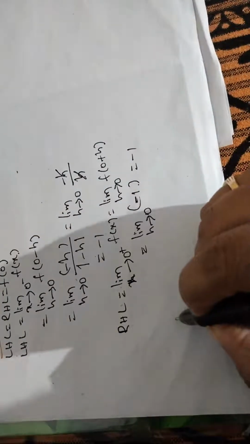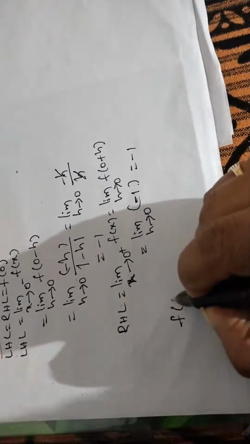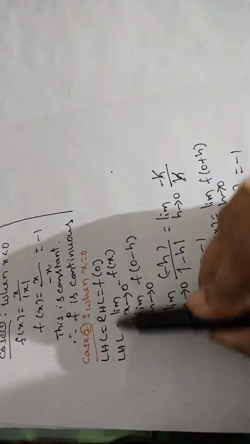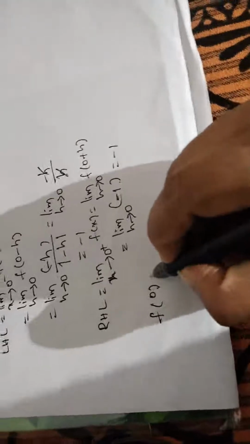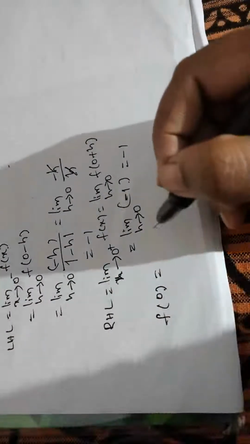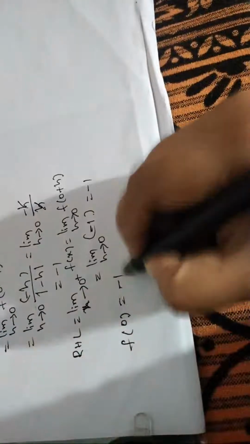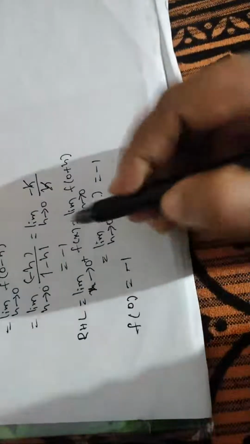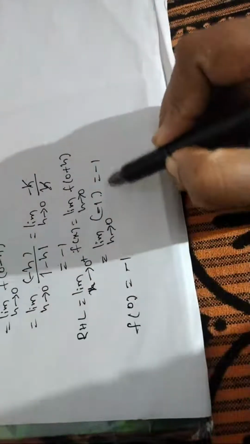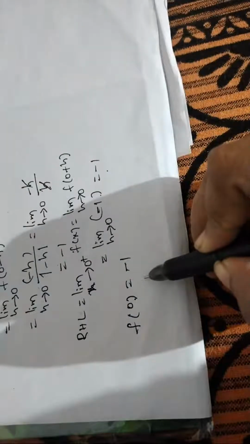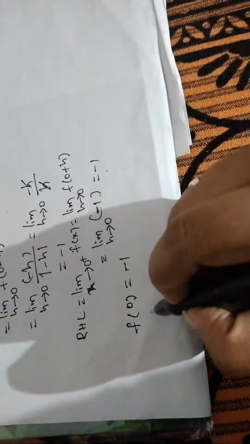Next, find f of 0. So I found LHL, RHL, now f of 0. F of 0 is equals to, when it is equals to 0, see the question, the function is minus 1. So it is minus 1. If we see LHL we got minus 1, RHL we got minus 1, and f of 0 also we got minus 1.